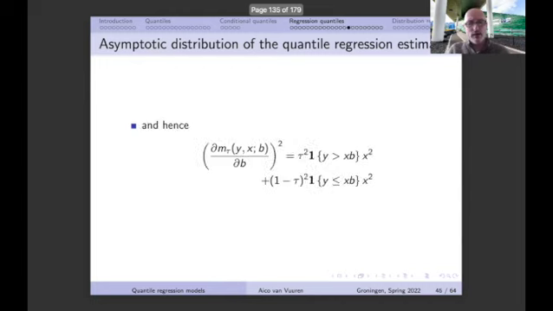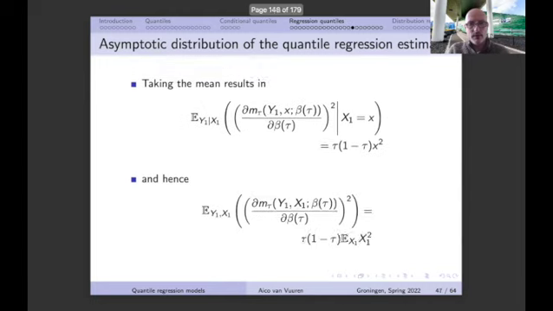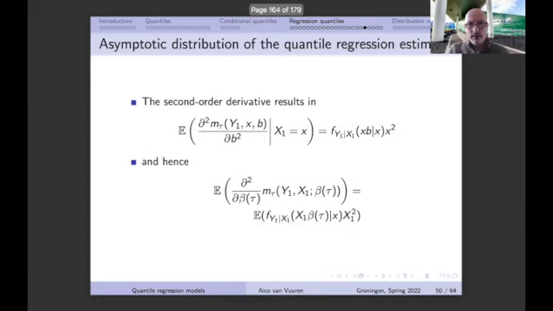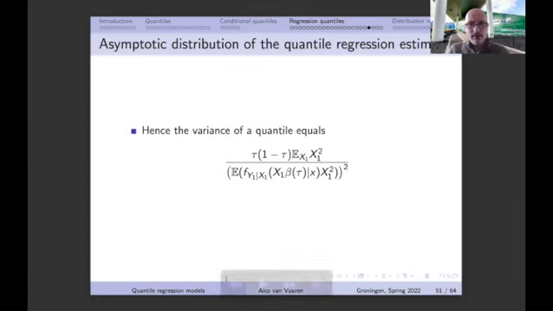So in total, what we are going to get in the end is that our variance is going to be equal to this thing over here. This is for the numerator, and this is for the denominator, but we have to, of course, square it.